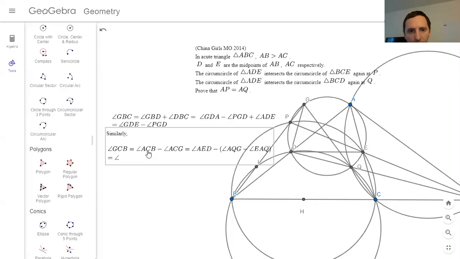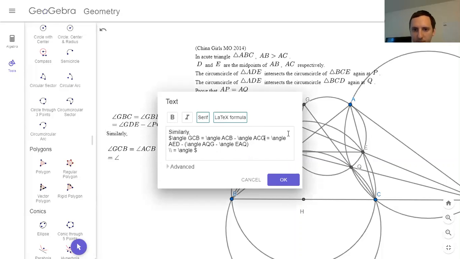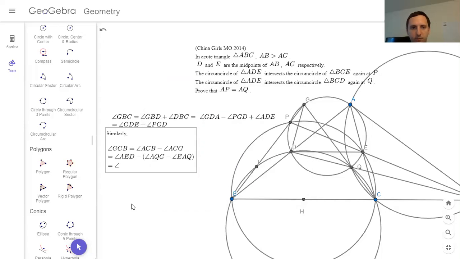What happened here? DPC. So GCB is ACB minus ACG, which is AED minus, I think I did this right? AED plus EAQ.